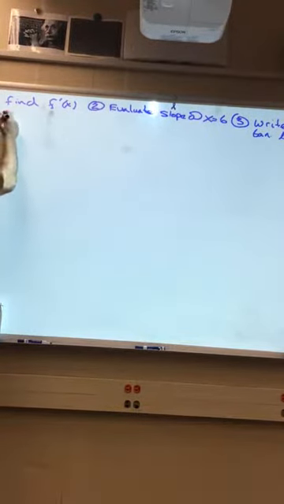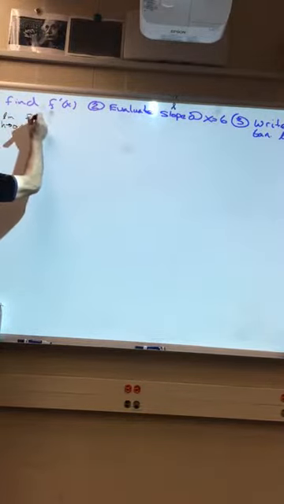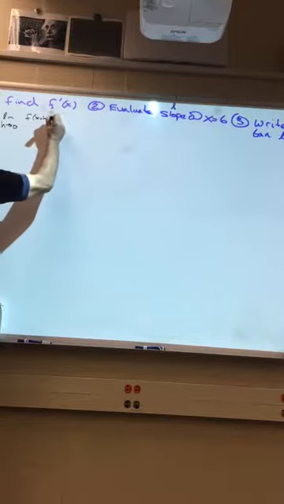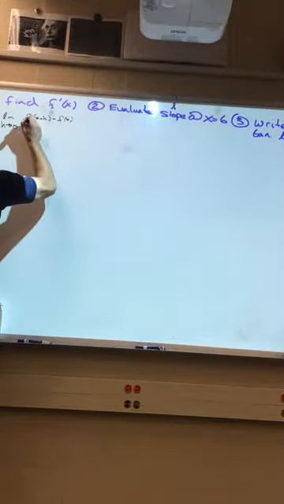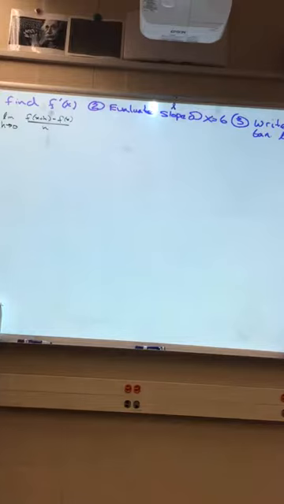To find f prime of x, I need to take the limit as h approaches 0 of the following formula: f of x plus h minus f of x all over h. Now on your test, on the stuff that you turn in, you don't have to show me this every time. I can read math pretty well.